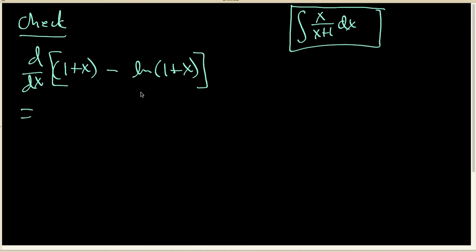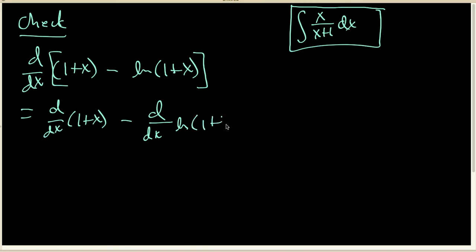Now, this derivative is not very difficult. It's going to be the derivative of 1 plus x minus the derivative of the log of 1 plus x. And this one is a pretty simple derivative. That's just going to be a 1. And then we have a very easy chain rule.